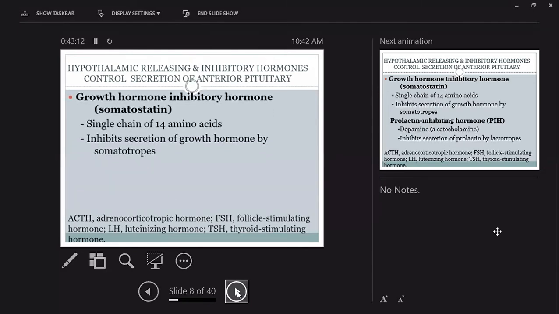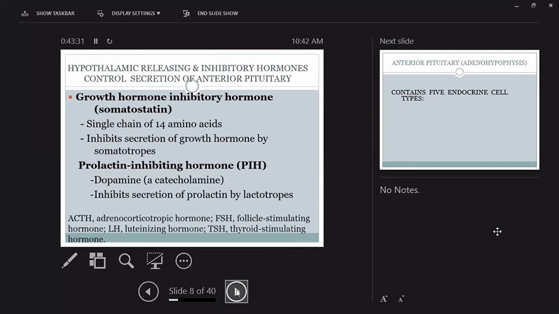Growth hormone inhibitory hormone, or somatostatin, inhibits secretion of your growth hormone, also by the somatotropes. Prolactin inhibiting hormone is dopamine, a catecholamine. It inhibits secretion of prolactin by the lactotropes in the anterior pituitary.